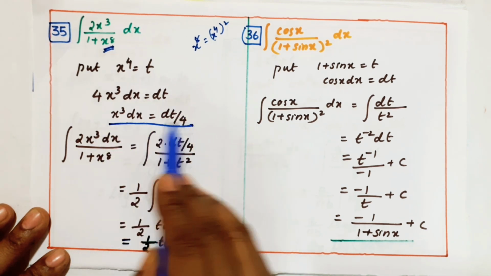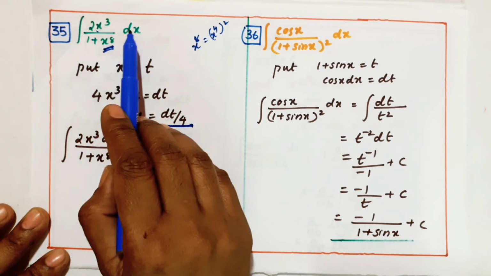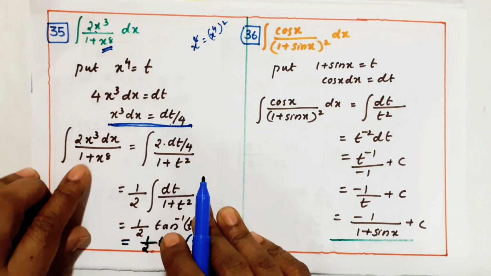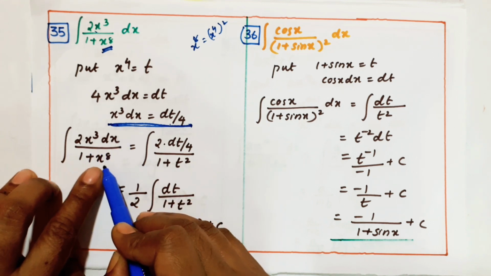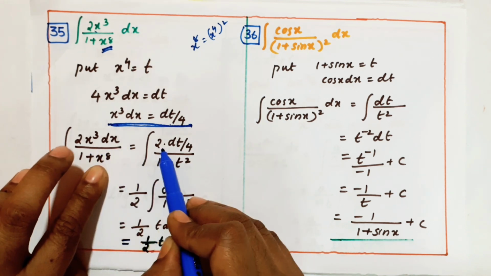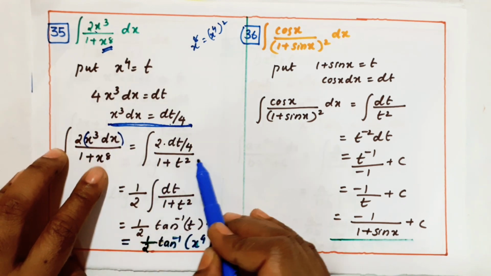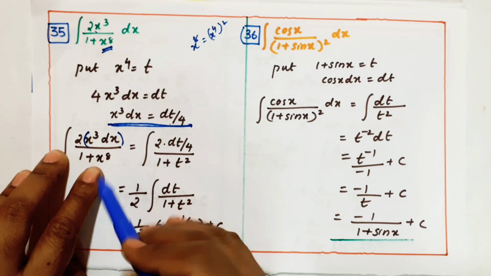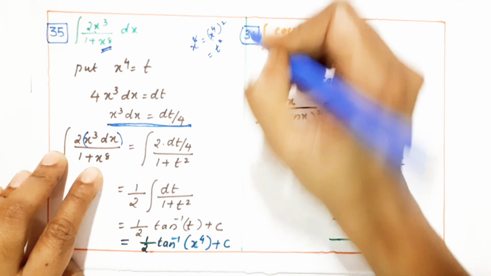So I got a term x cubed dx, because here I have x cubed dx, as dt by 4. Now again write the question. Integral of 2x cubed dx by 1 plus x power 8 is equal to 2 into x cubed dx, that is dt by 4, by 1 plus x power 8. X power 8 means x power 4 as t, so we can write t square.